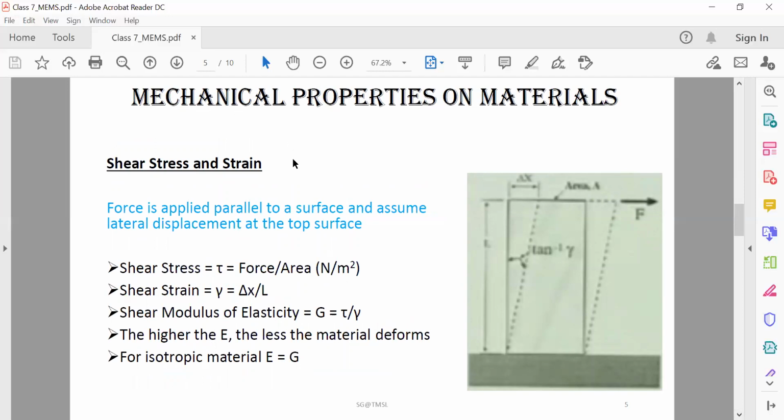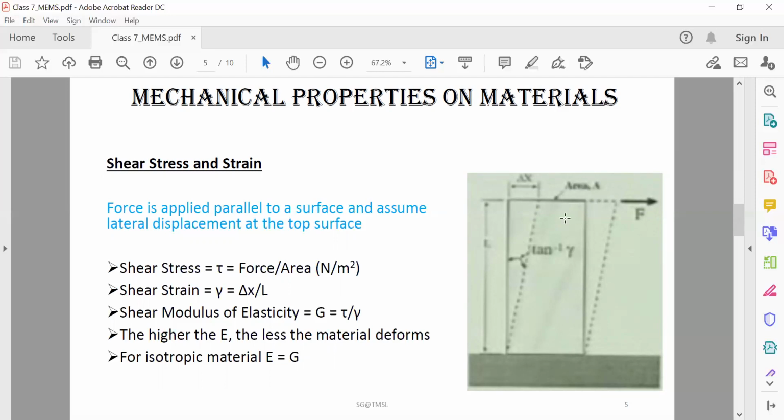So here also I have taken an example, like this is a block, and in that block force is applied parallel to this surface. This is the surface which is fixed. This parallel force has been given. In the other case we have shown axial force applied perpendicular to the surface.